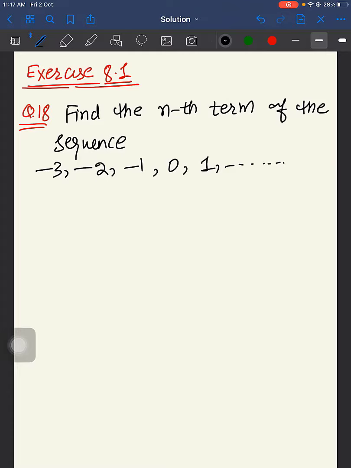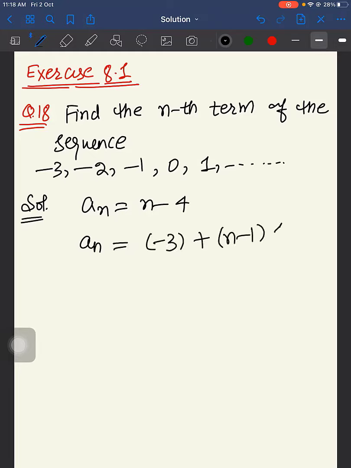Now you can check that these are integers which are starting from -3. So we know that there is a shift of -3, so we can write it as an is equal to n minus 4. In other words, it's an AP with first term -1 and common difference 1, so it becomes n minus 4.